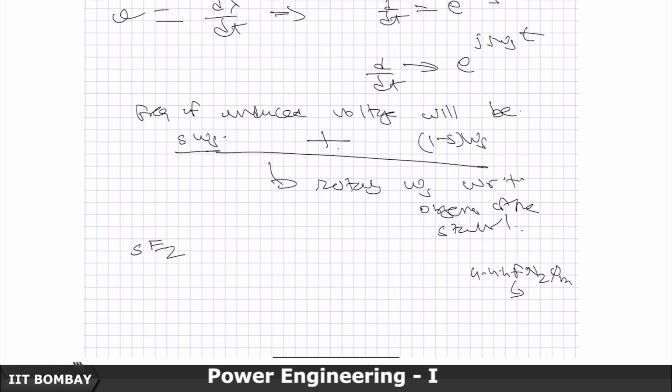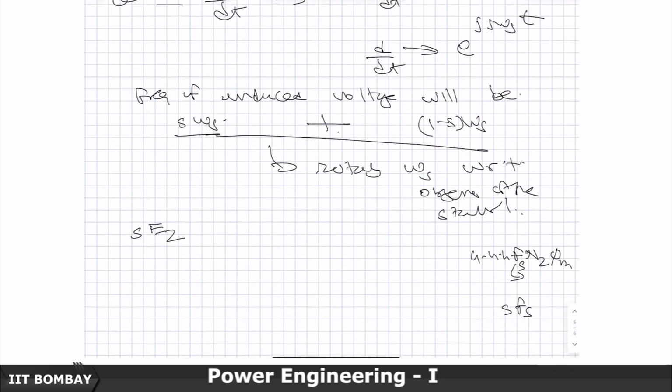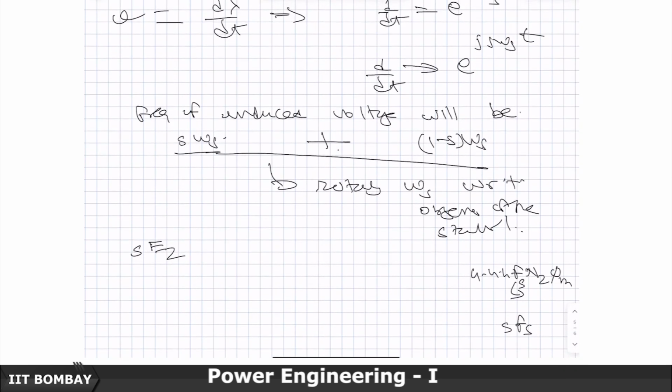Now, the relative velocity between the stator and the rotor is only slip times Fs. So, the voltage will be 4.44 s Fs N2 phi m, but 4.44 synchronous Fs into N2 phi m is nothing but E2. It has to be scaled down by s.